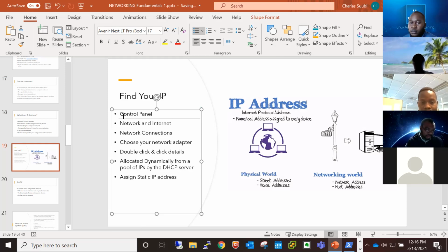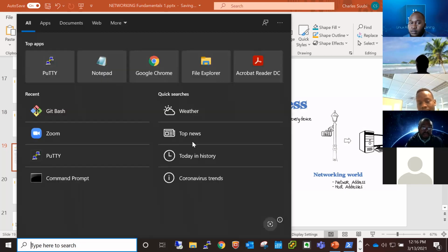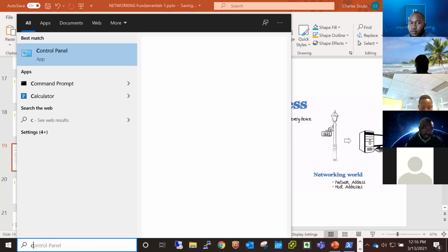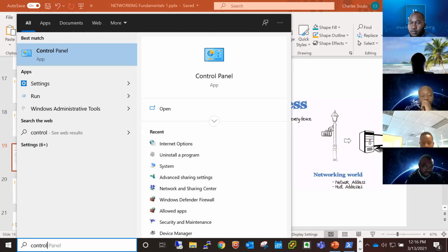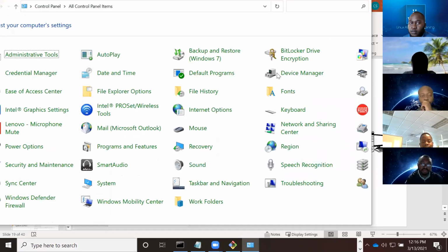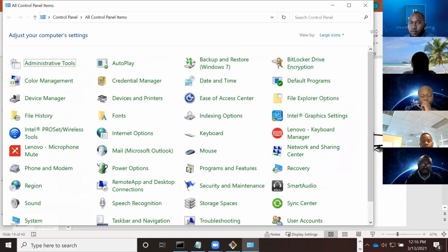All right, first step is you go to the search, type here to search. If you guys can see my screen where it says type here to search, can you see that? If you tell me yes, it will help me. Yes, we can. Move fast. So you type control panel and then just hit enter. Do you guys do that?